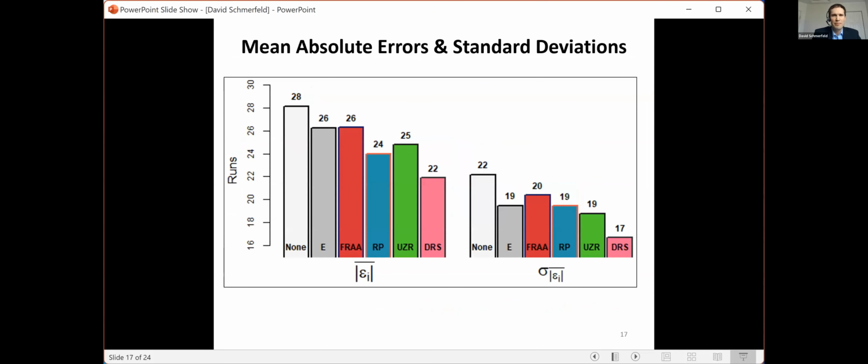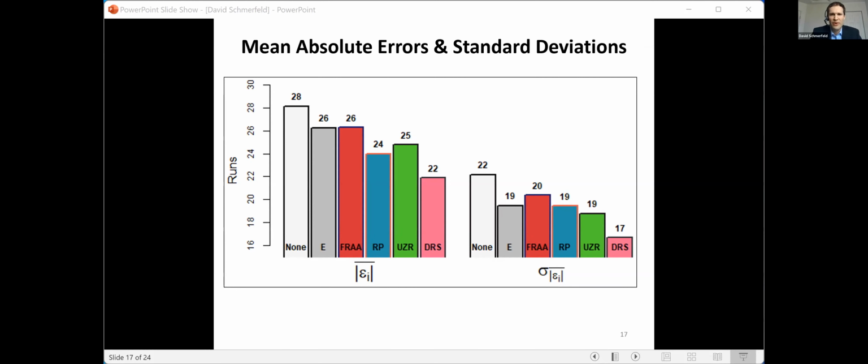Another thing we could look at is the mean absolute prediction errors, and we're going to get similar conclusions. Look at the chart on the left first. The model using DRS here was off on average by about 22 runs. This was an average over the errors model, which was off on average by about 26 runs per season. Again, runs prevented and UZR performed similarly in the second tier, and FRAA and errors performed similarly in the third tier.